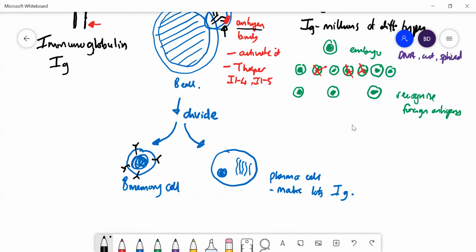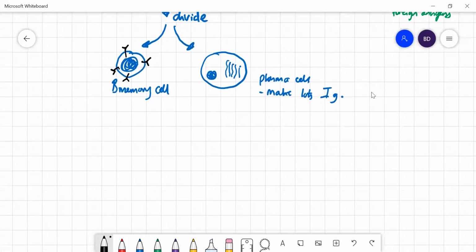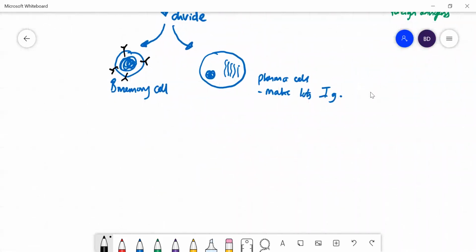Now let's talk about how immunoglobulins end up killing bacteria. First of all, they can produce agglutination of bacteria.